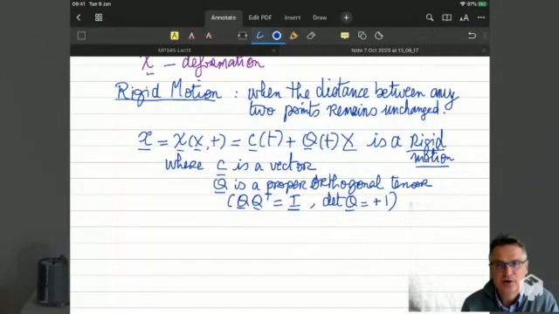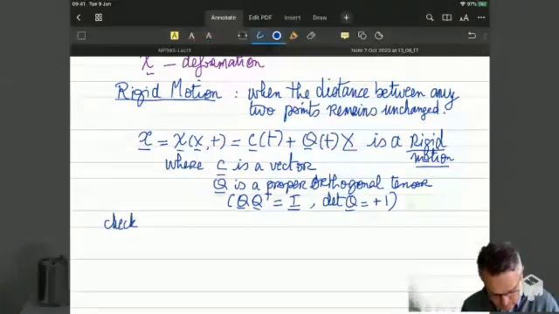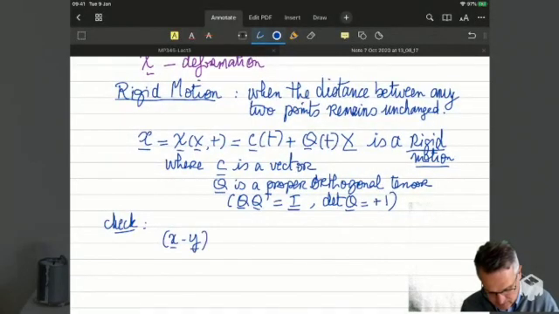And then Q is a rotation. In a rotation, distances don't change, right? But we can just prove it by computing the distance between two points, x and y, say.